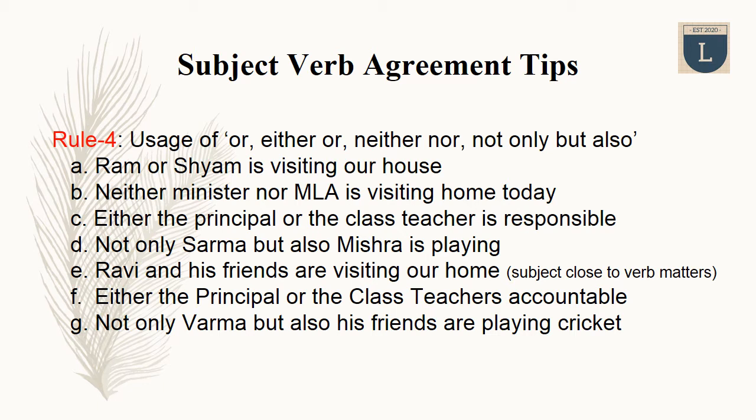So separated by neither nor. Either or, neither nor, they all take a singular verb. Either the principal or the class teacher is responsible. Either or, again here, singular verb. Not only Sharma but also Mishra is playing. So not only but also again takes a singular verb.